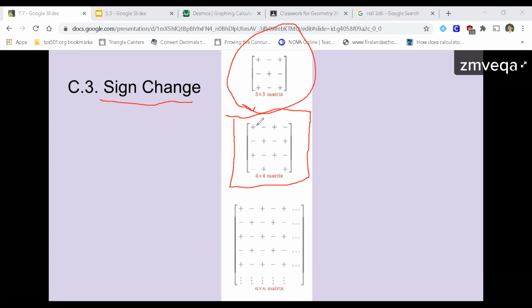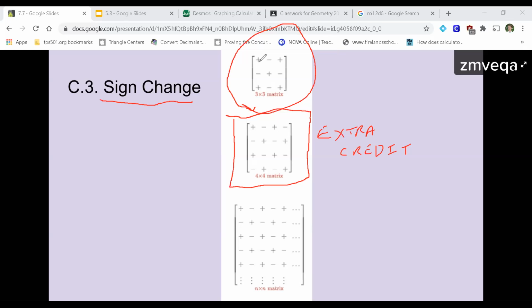To be honest, the only time I would ask you to do a 4x4 matrix by hand would be for extra credit. So if you want to draw the second one, it's for extra credit. But also, to be more honest, you could probably make it up without needing to draw it. Because all it is, it's a checkerboard pattern where you start with plus in the top left. Right?